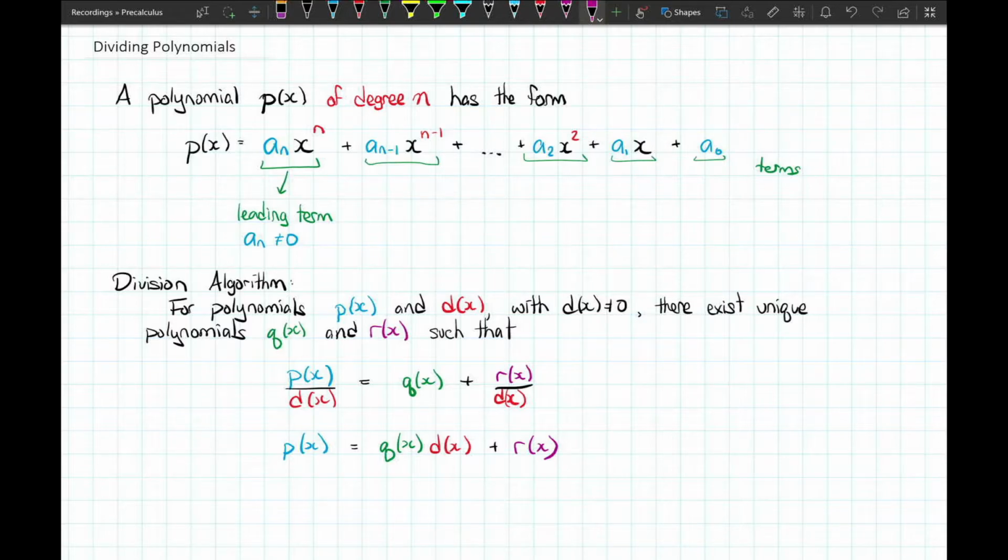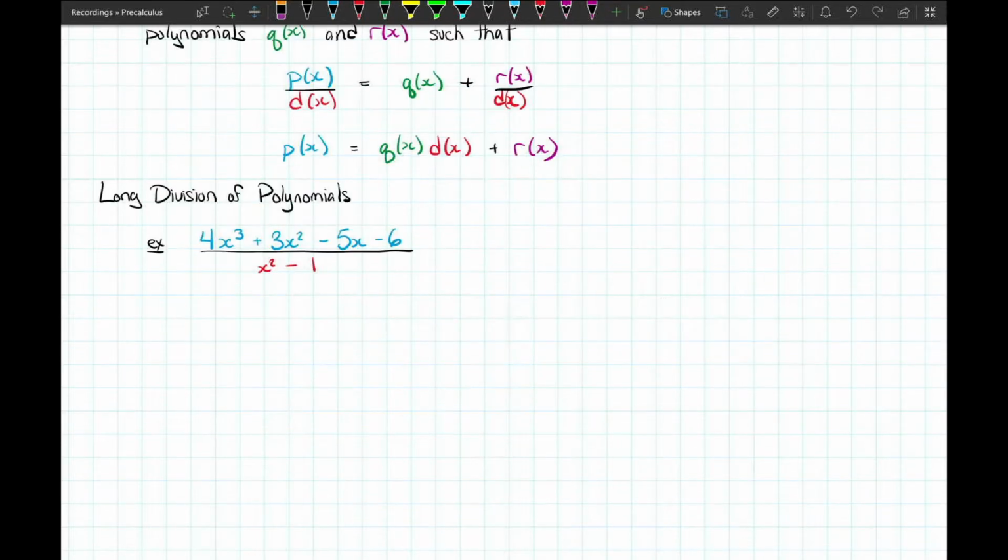Now let's take a look at the division that we have to perform here. It's going to be just like long division. In this example, I've got the dividend, 4x cubed plus 3x squared minus 5x minus 6, divided by the divisor, x squared minus 1. I'm going to start off by writing this in our typical long division form, x squared minus 1 into 4x cubed plus 3x squared minus 5x minus 6.